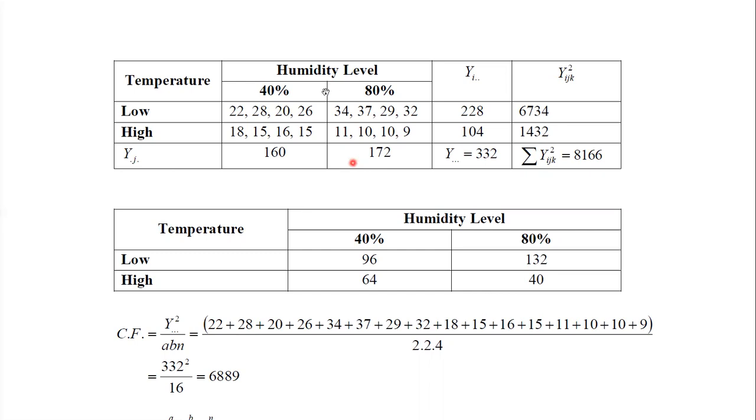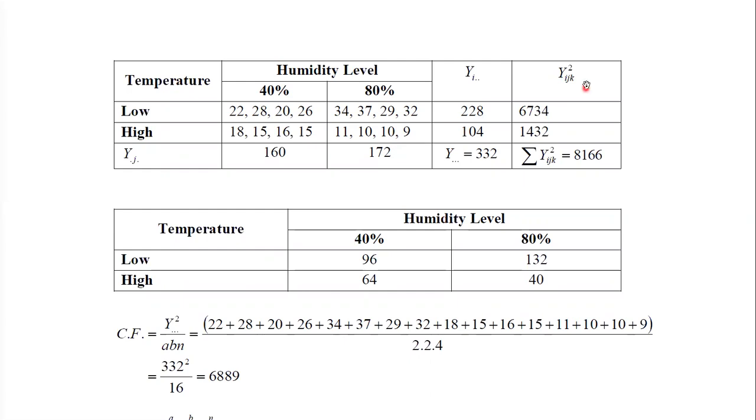You can see that two humidity levels were used. The total for the 40% humidity level was 160, and for the other it is 172. These are additions of 8 values each. The 228 is the addition of the first row, and this 104 is the addition of the values in the second row.